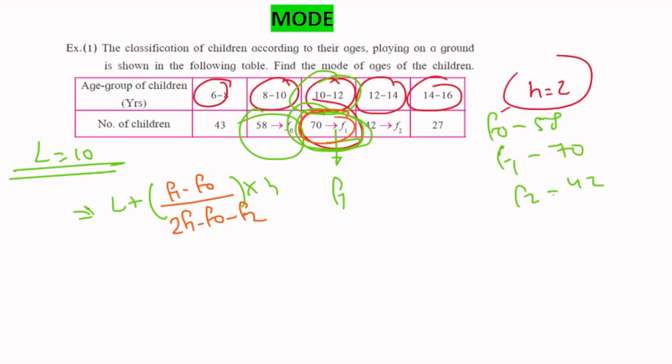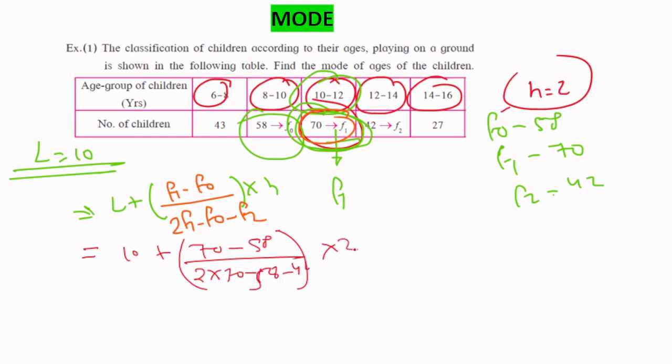That's it. Now substitute the values and get the answer. Isn't it very simple? You just have to analyze a few numbers and then substitute. What is L here? L is 10, f1 is 70, f0 is 58, and the denominator again is 2 into 70 minus 58 minus 42, into 2.